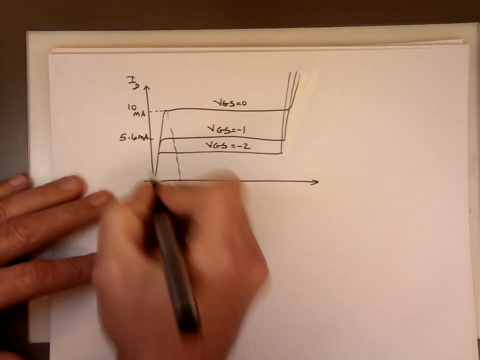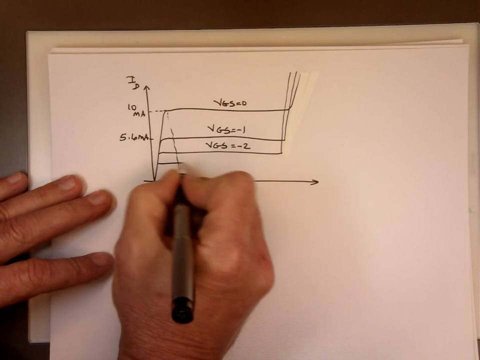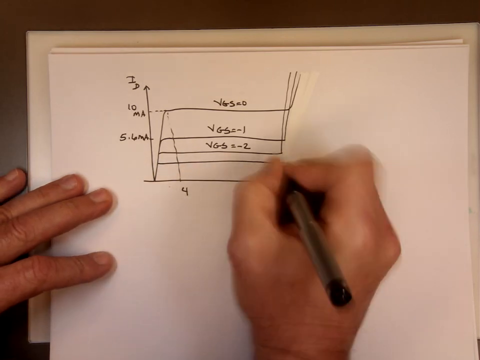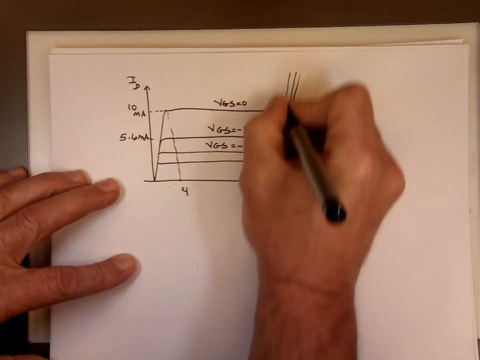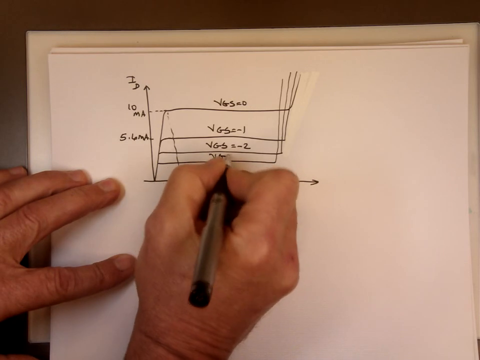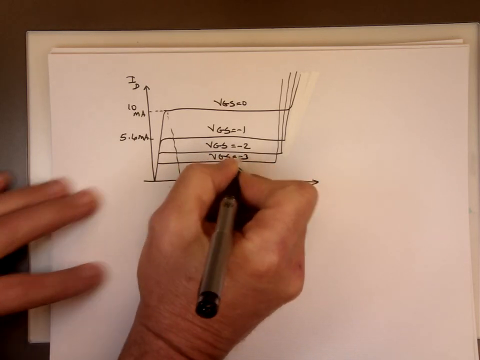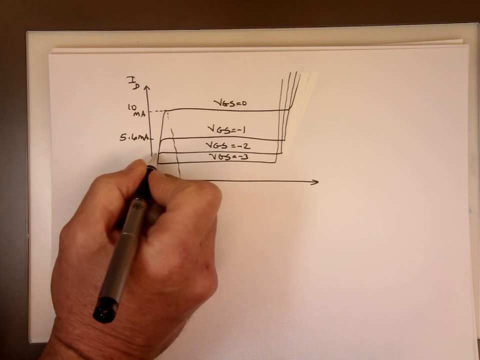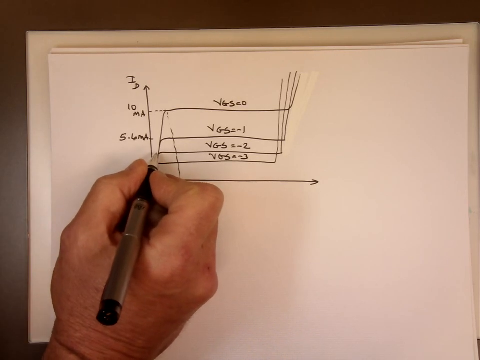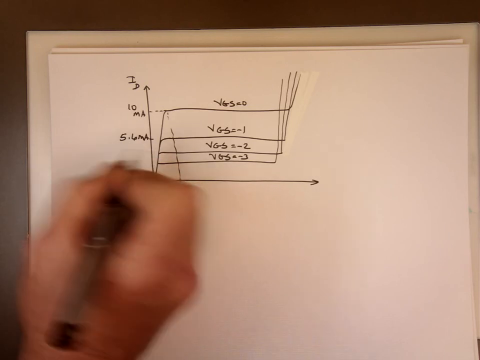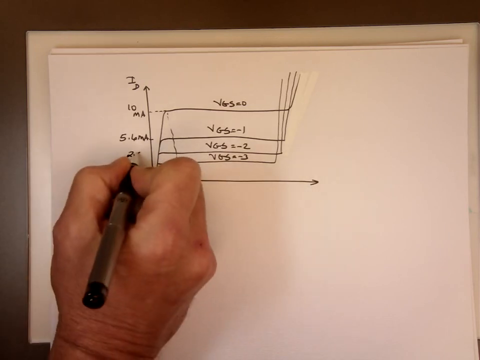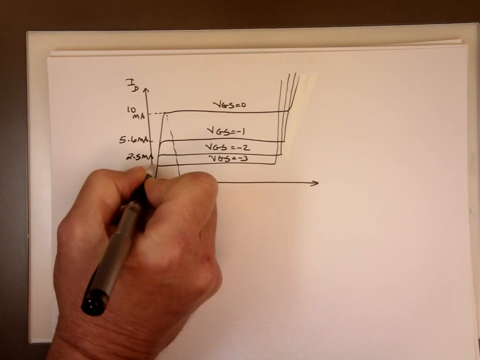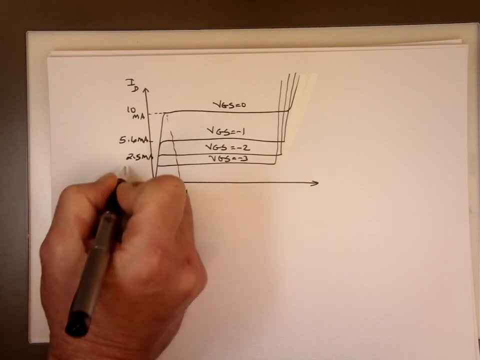Then you're going to get when VGS equals -3. And then these numbers might be 2.5 milliamp. And this might be 0.625 milliamp.